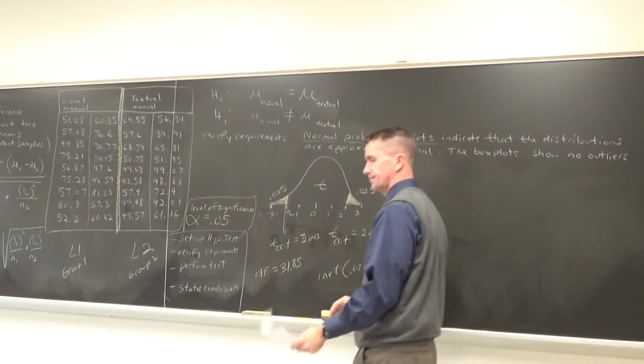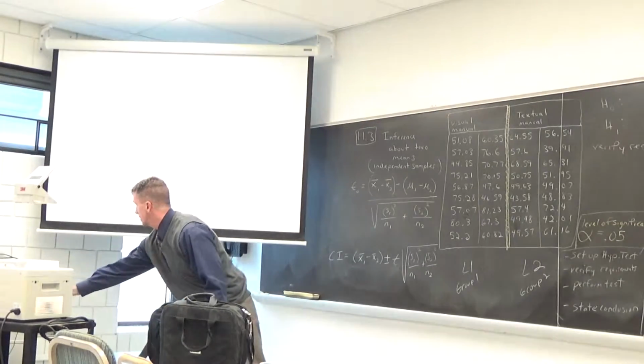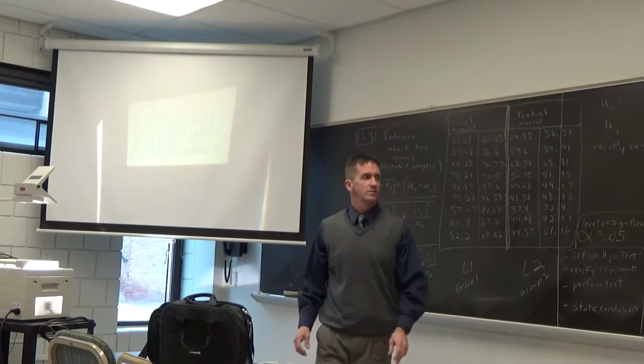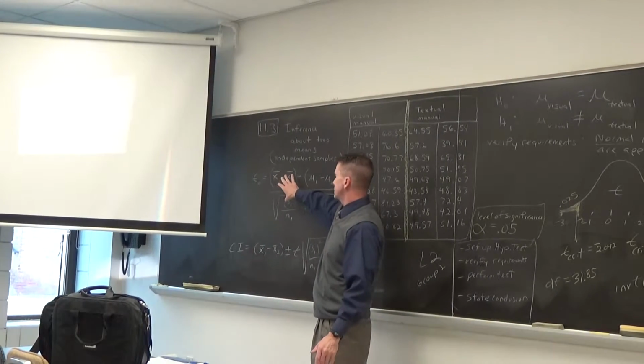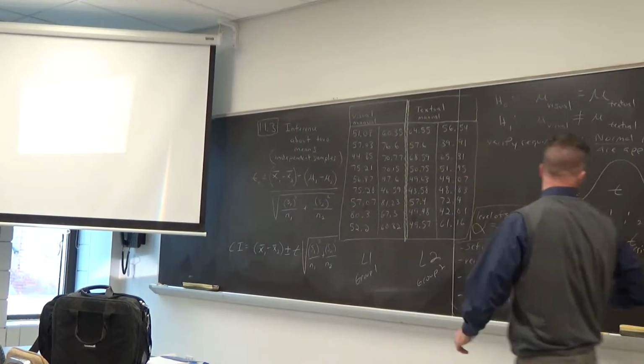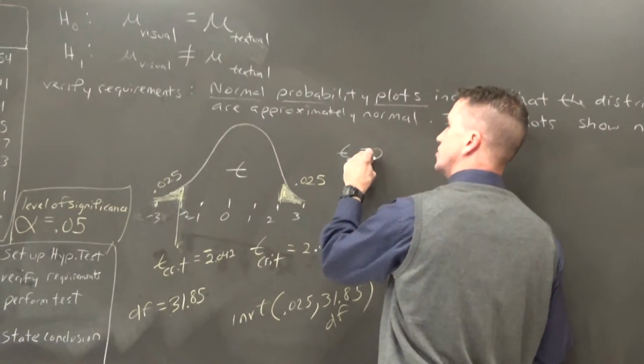All right. Now let's go back and look at our technology, our calculator. What is the sample test statistic, which is produced from this, everyone? The sample test statistic comes from here. And what do we get? 2.378. I'll put 2.38. It's called the classical approach.